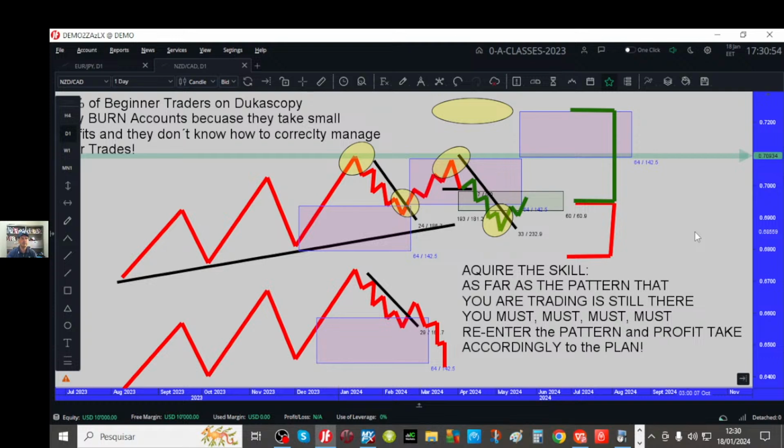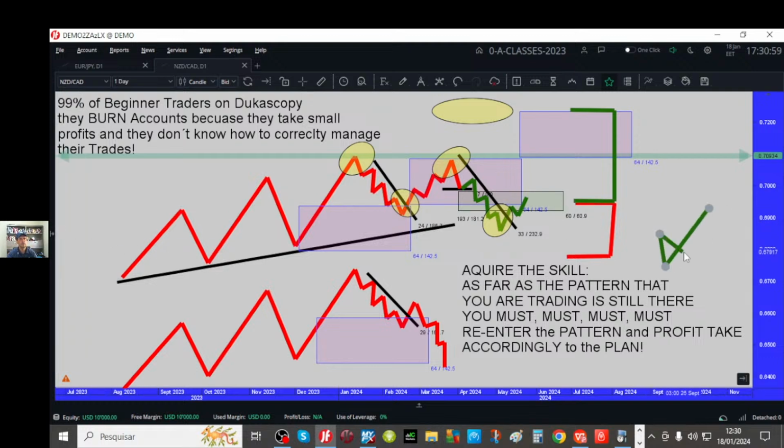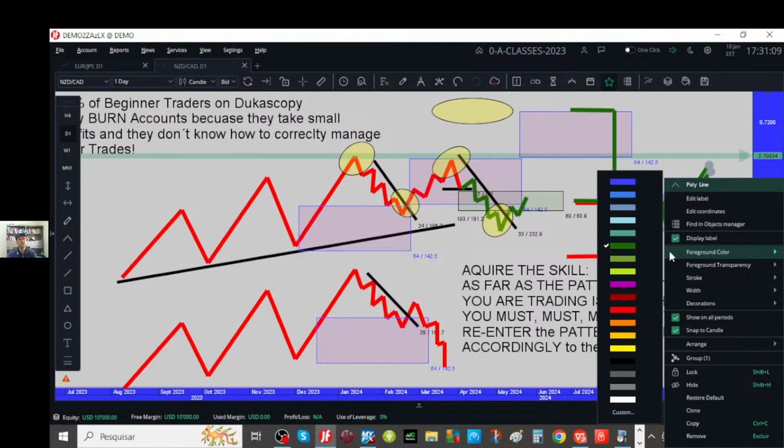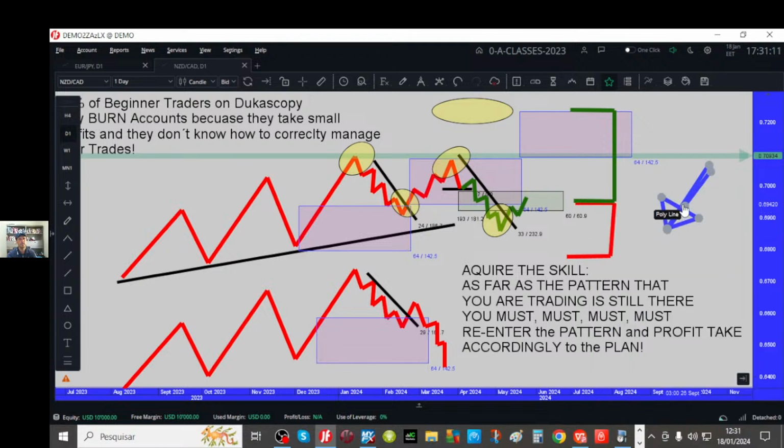Some of you are going to say, alright, I can understand this, no big deal, but I'm not going to re-enter here because I'm in a downtrend. So here is the question, are we in a downtrend or are we still in an uptrend? What's the answer? What do you think?